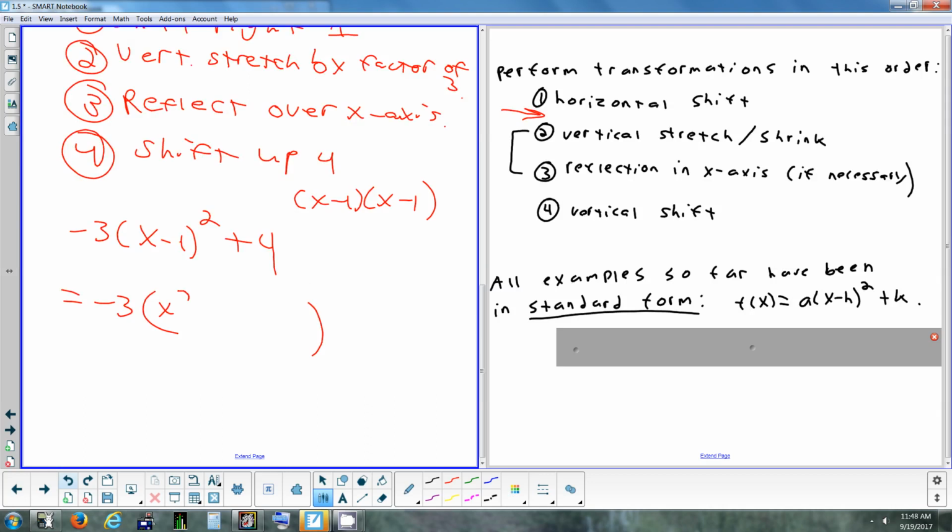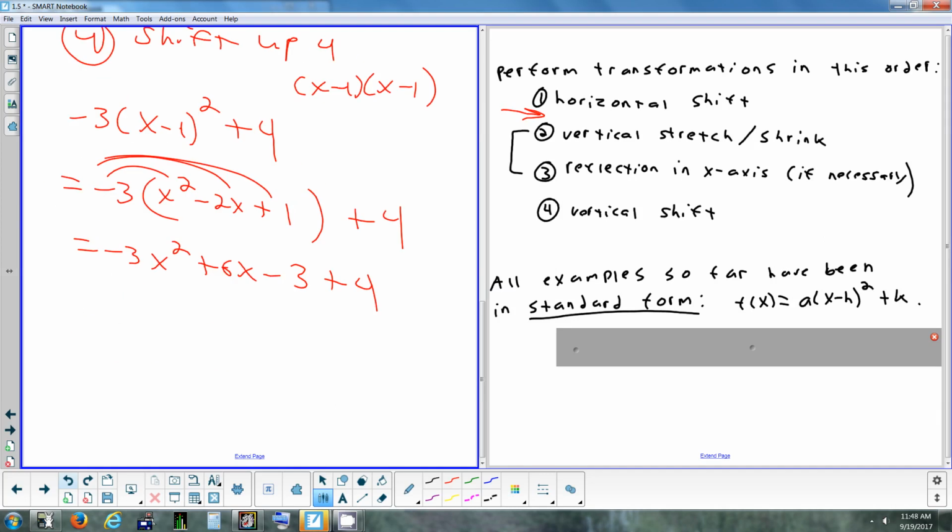So I get x squared minus x, and negative 1 times negative 1 is plus 1. Now I'm going to distribute out a negative 3. Get negative 3x squared plus 6x minus 3. And now I'm finally going to add the 4 just to combine like terms.